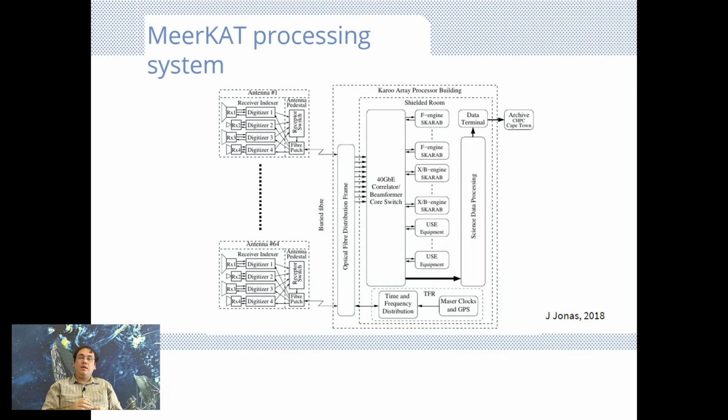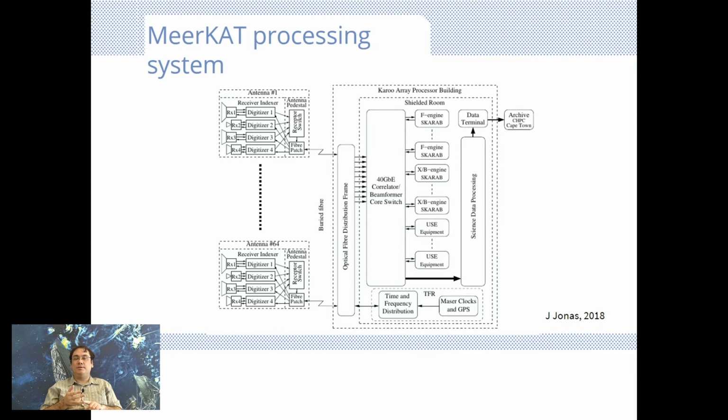Now, within each of those receiver systems, we have the receiver itself. Right next to it is a digitization system. And all of that gets connected to our signal processor by fiber optic. So on the right-hand side there is the science data processor. The science data processor takes the time measured signal and channelizes it.